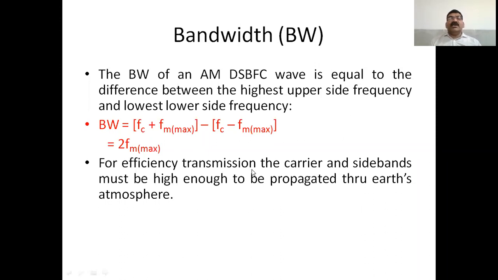For effective transmission, the carrier and the sidebands must be high enough to propagate through the Earth's atmosphere. To transmit both sidebands through the Earth's atmosphere, we must have sufficiently high frequency. So this is the bandwidth requirement for the double sideband full carrier.